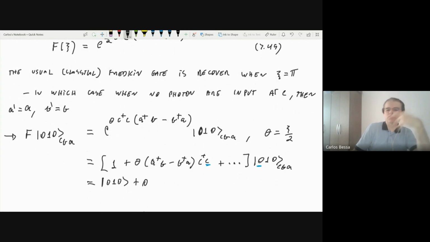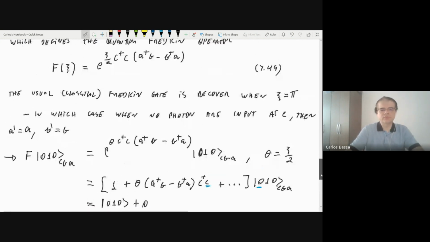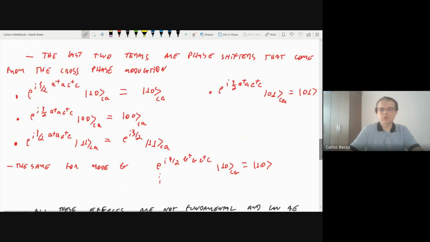And the higher order terms will contribute the same, because we will have this term squared. So this term squared is C dagger C, C dagger C. So it's the same thing. Okay, so nothing is happening. Again in the figure, let's show here.